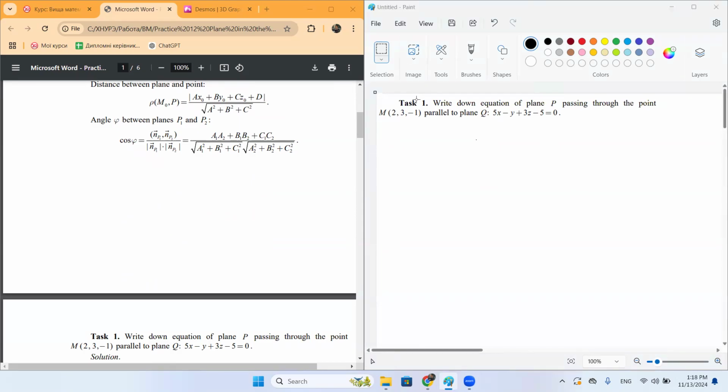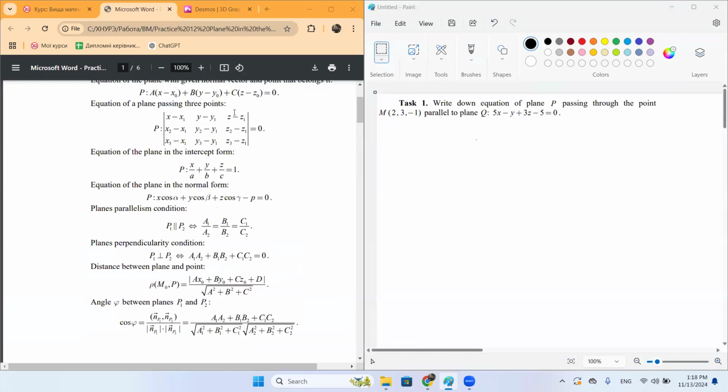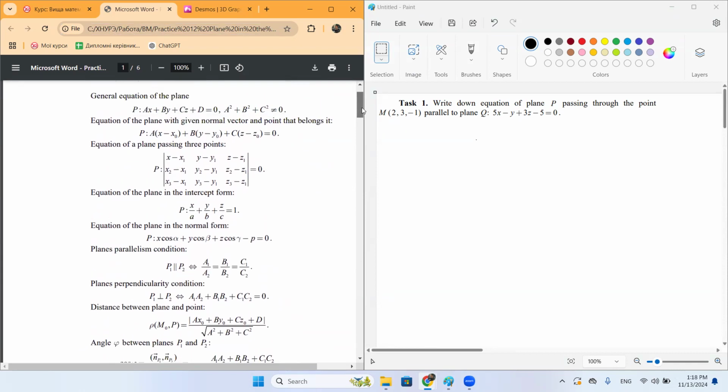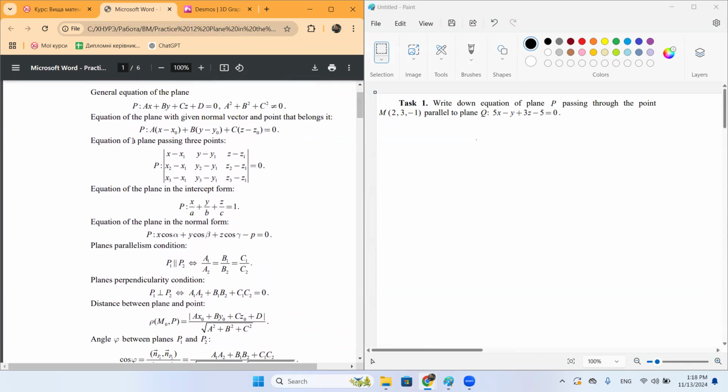Which text? Everything is fine. Okay, everything is fine, so continuing. Yeah, it will be more convenient if you have enough space. So if all equations will be in front of you every time, all the lesson.